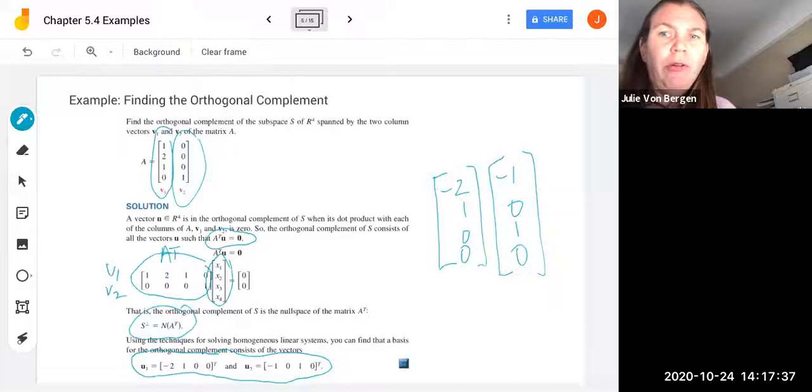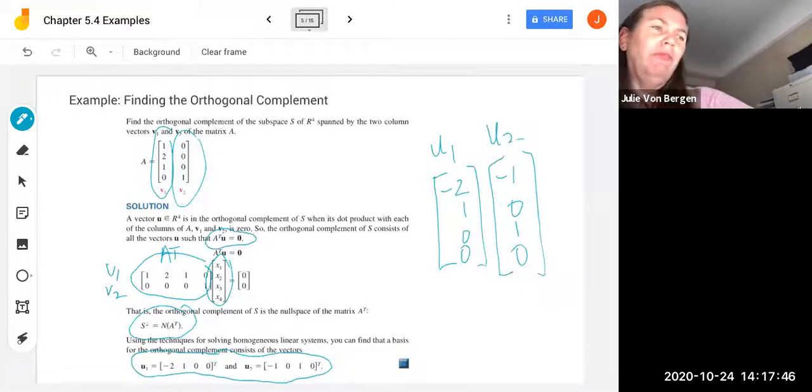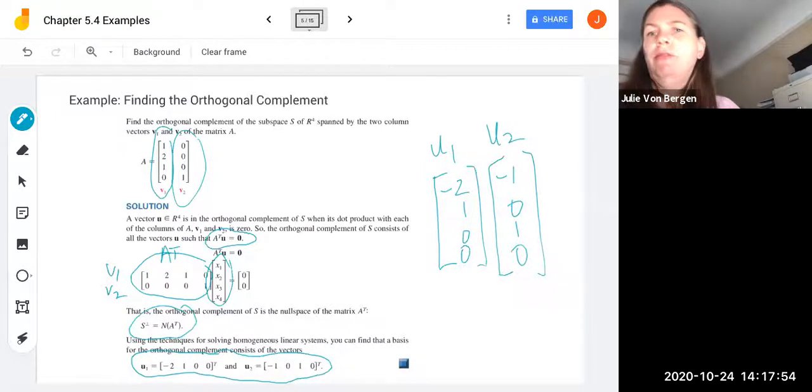So that's how these basis vectors u1 and u2 came about. You could work through that as practice. You've shown me in lab assignments and other assignments that you can calculate these just fine. So you can go back to your chapter 4.6 notes and work through some more practice if you want.